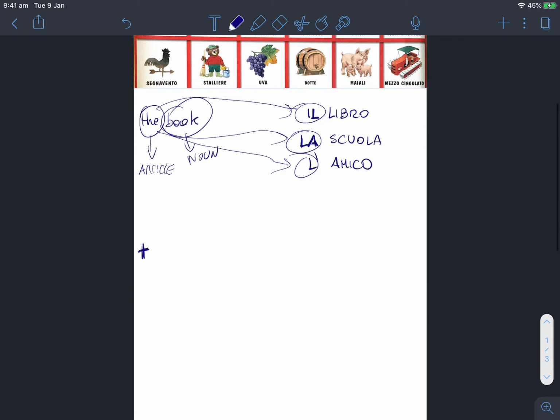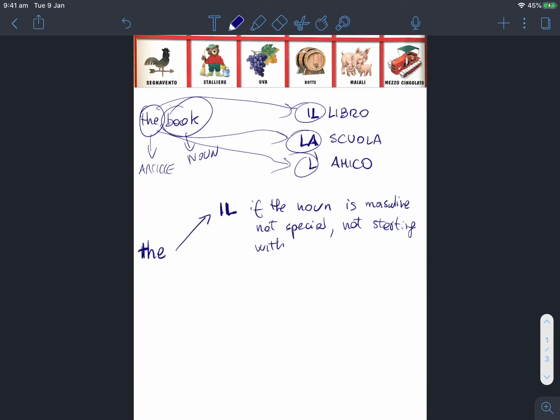So the in English, in Italian can be il if the noun is masculine, and I would say also not special. What do you mean by not special? It means not starting with a vowel or a Z or an S plus a consonant.